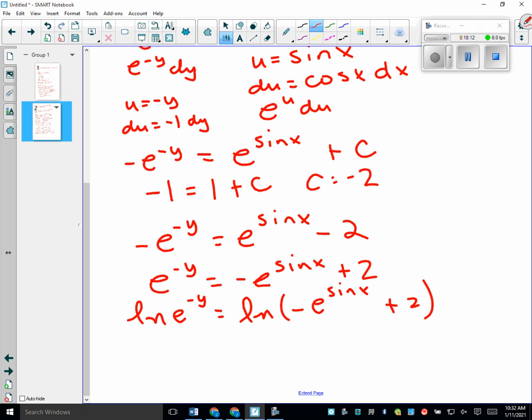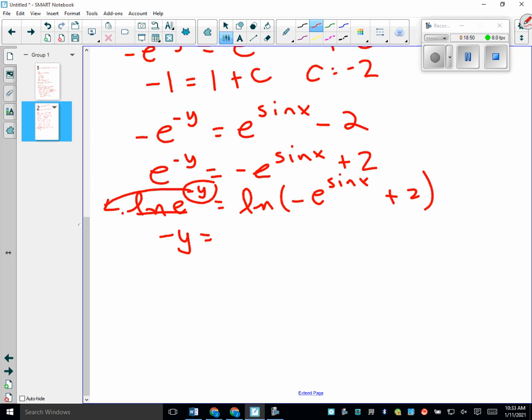So I bring this out front: negative y times ln e. And ln e is 1, isn't it? I brought the negative y out front, isn't that what I do with an exponent? And this was 1, so I just had negative y. That's why we did the whole ln.